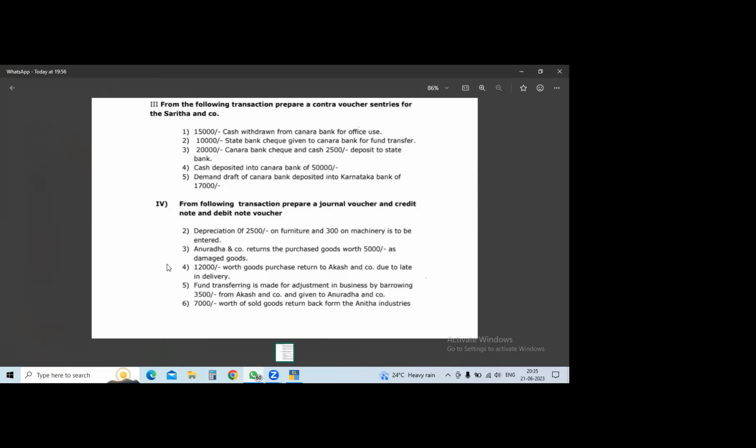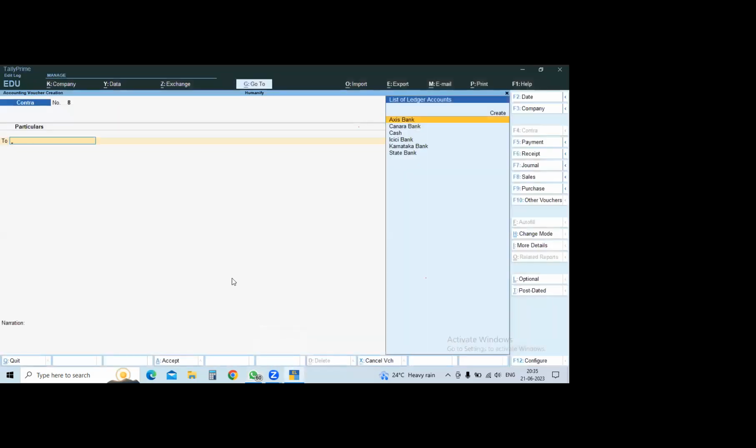Fine then. Journal entry, we will finish it off. Now go and open journal entry. Click on journal entry, F7, on the right side you can see. So here, depreciation.